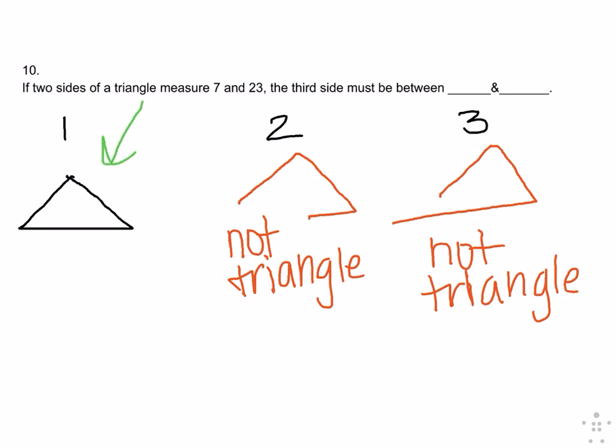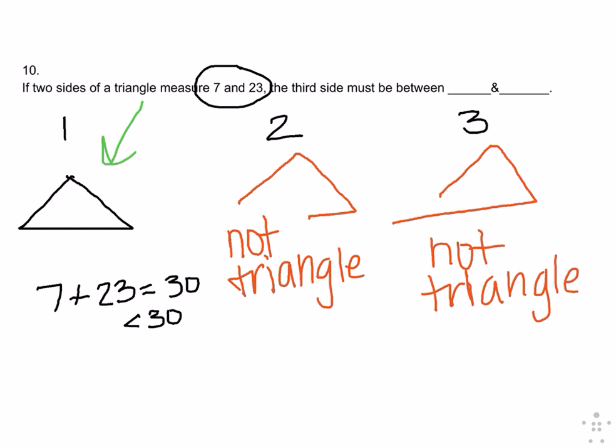So if you know that 2 sides are 7 and 23, that means that the third side must be less than the sum of the 2 sides. So if we add these together, that gives us 30. So the third side has to be smaller than 30. It has to be less than 30.